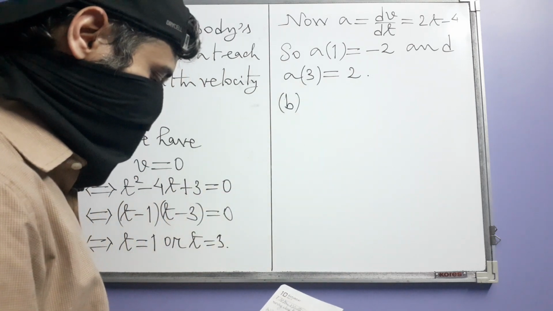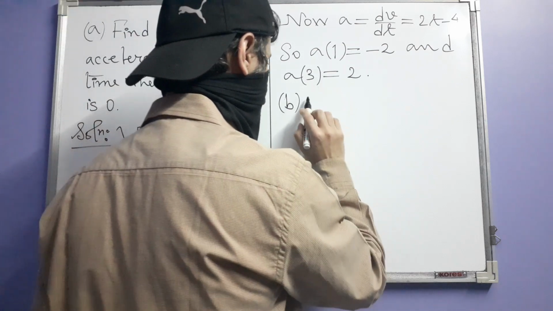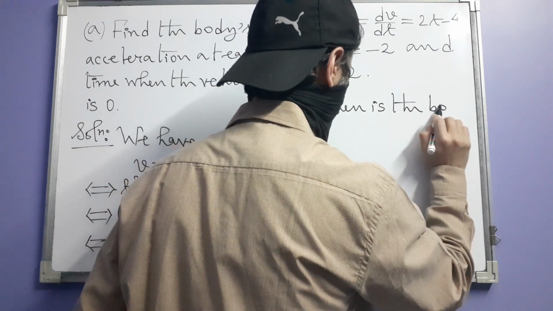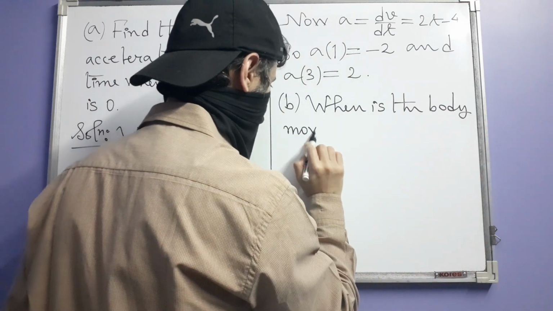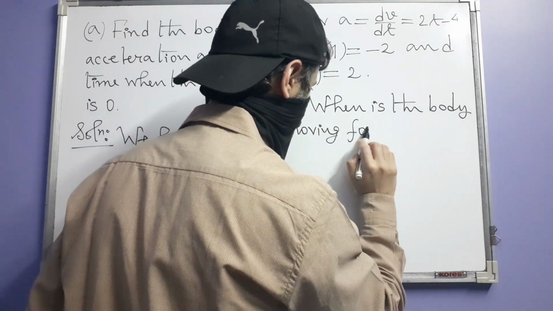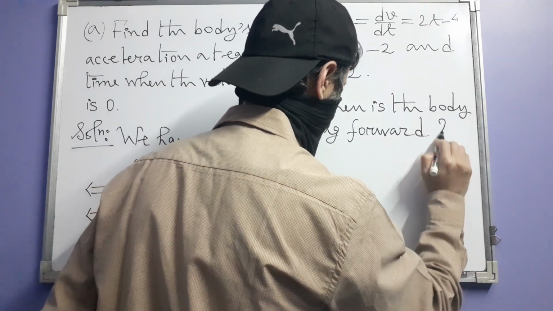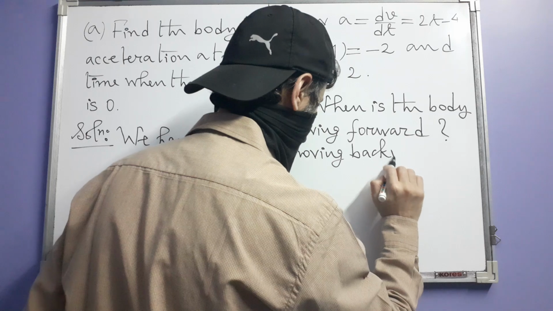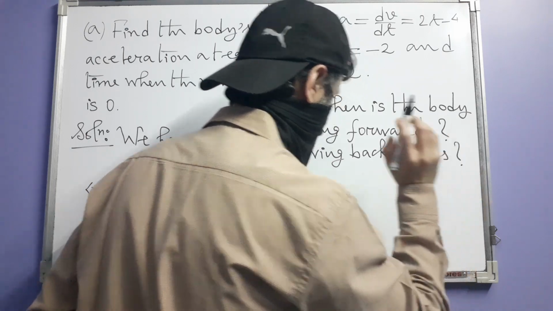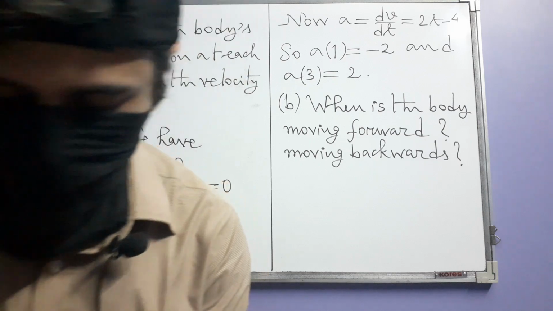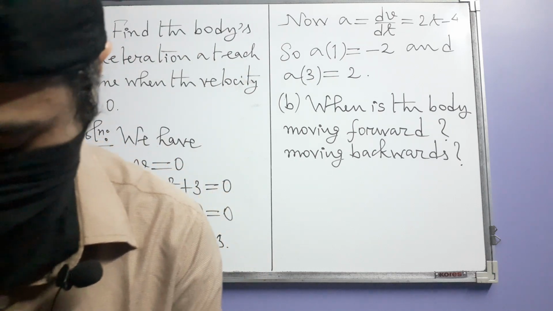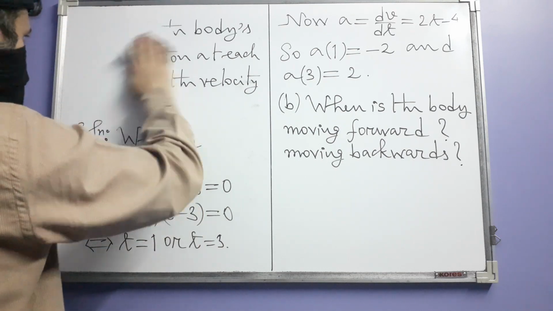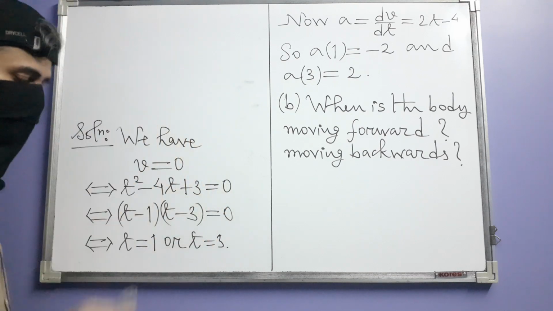When is the body moving forward and when is it moving backwards? If you imagine the coordinate axis on which the body moves, that's the S axis, right?